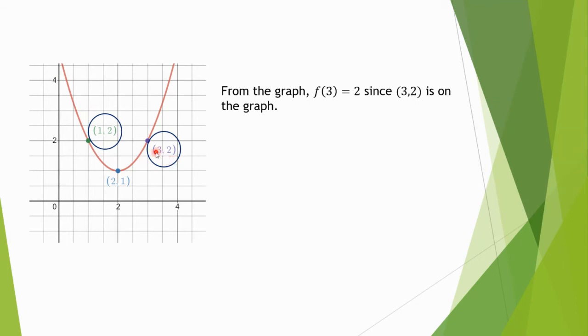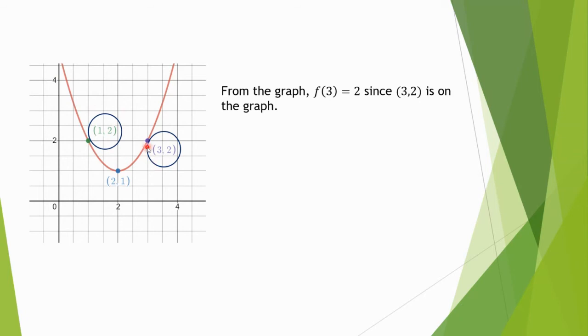Okay. And again, let me just say how I plot that. You find 3 on the x-axis, okay? And then you're going to go up or down depending on the y-coordinate. The y-coordinate's positive, right? It's 2. So you would go up 2 points, 2 units, that is, which in this case is up here.